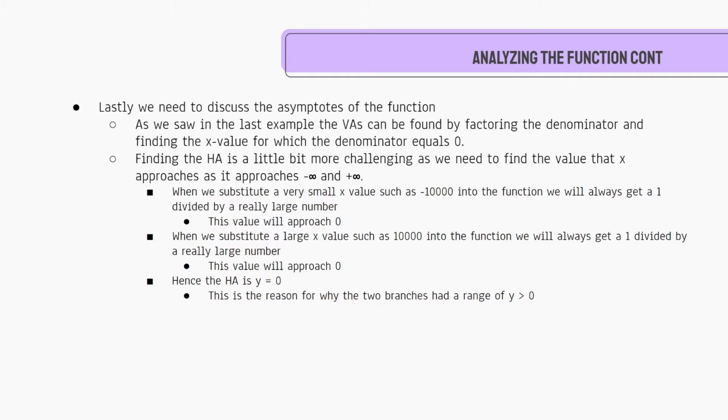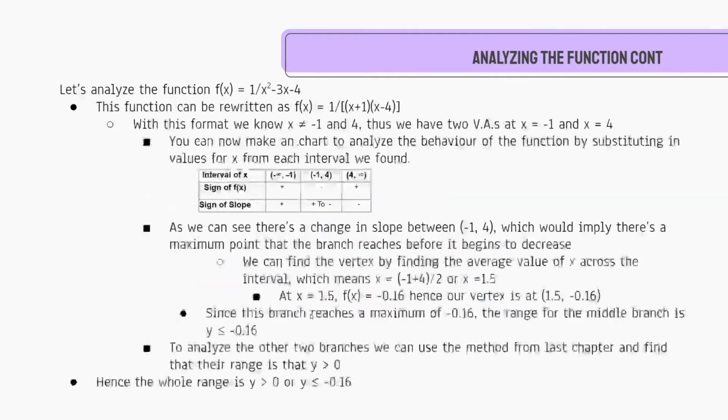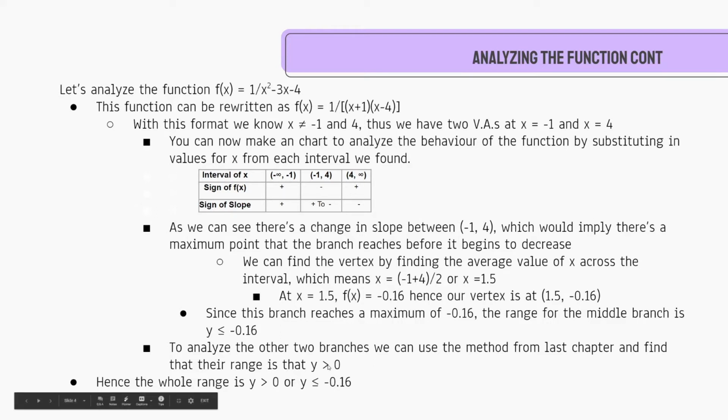So what we find is that the horizontal asymptote is once again at y equals 0, just like it was when we were dealing with the reciprocal of a linear function. So since we found that there's a horizontal asymptote of y equals 0, that is the reason for the two branches having a range of y's greater than 0. Because as we looked before, we were positive and positive, so we're above it. Henceforth, we have to have y being greater than 0.